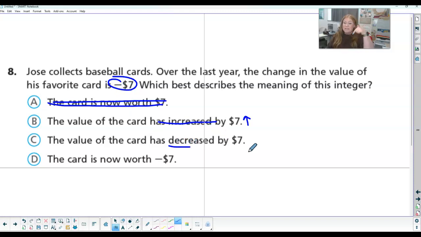Thinking back to our notes, decreased means down. So that's sounding good, but we don't just pick the first one we come to. The card is now worth -$7. Again, we didn't know how much it was worth because we don't know how much it started at. All we know is that it went down. So our answer is C.